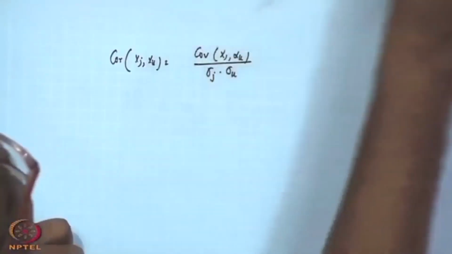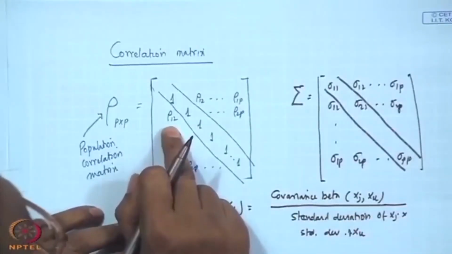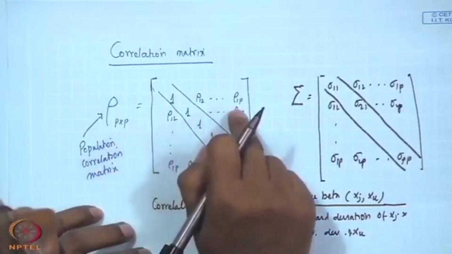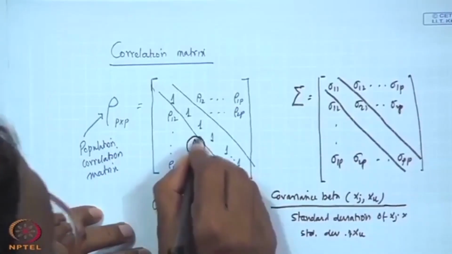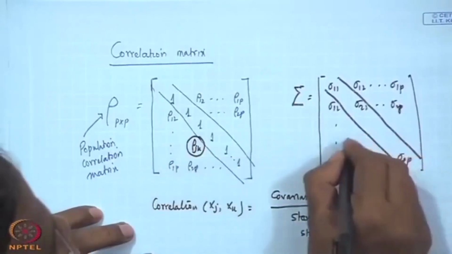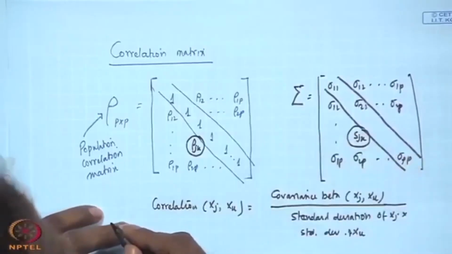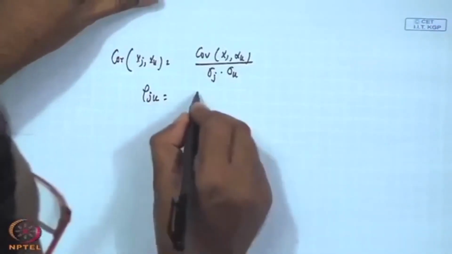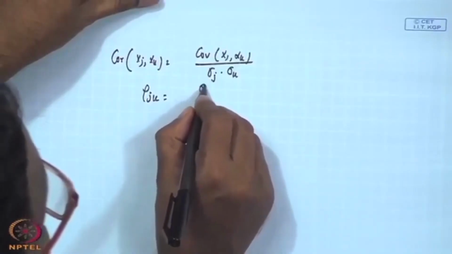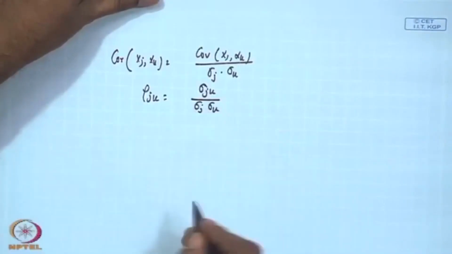Now, from this figure, we are saying that the correlation between j and k is rho jk. Here also we are talking about the covariance. So, if I use the same notation, I can write rho jk equal to sigma jk divided by sigma j sigma k.